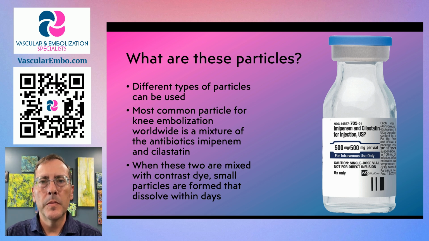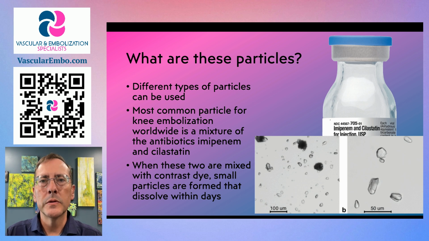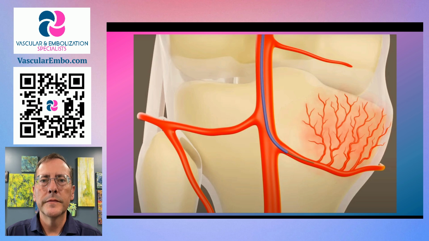These are very small, temporary particles that typically only last a couple of days. They are used most commonly worldwide for knee embolization and shoulder embolization, and there's a lot of ongoing research into other areas such as hand embolization for patients with debilitating hand osteoarthritis. There's a picture of the particles used in the procedure. Again, they are temporary and will dissolve.